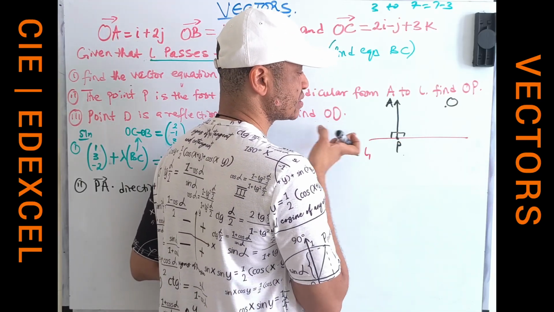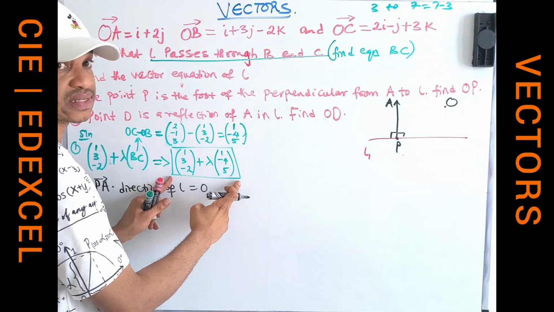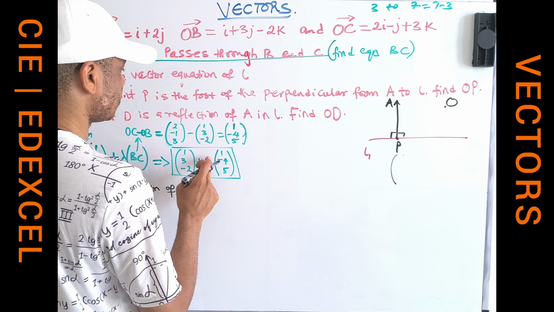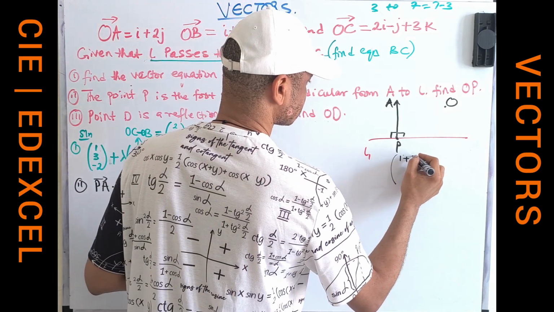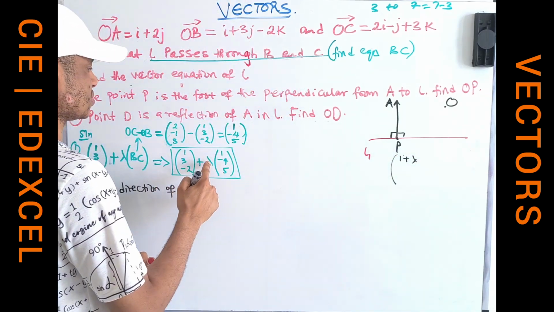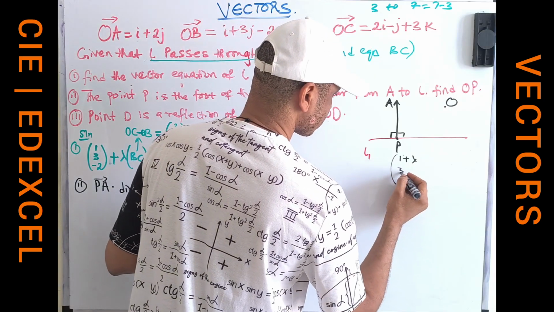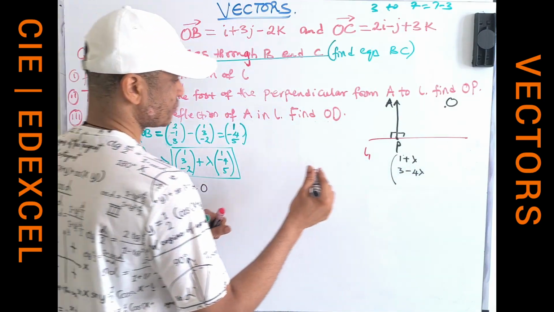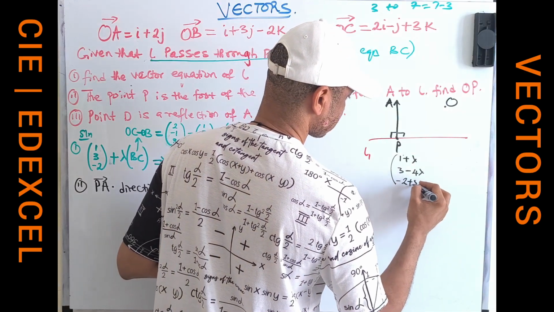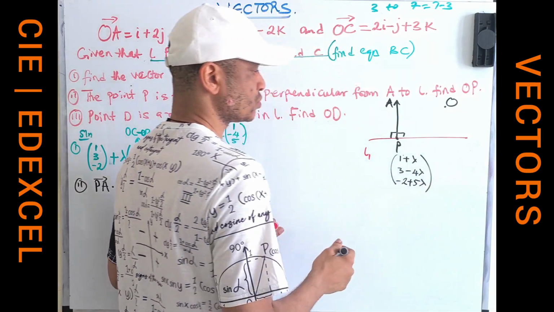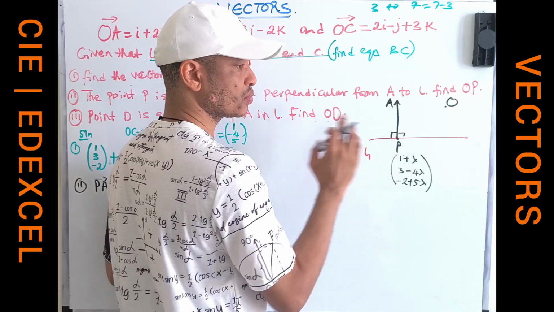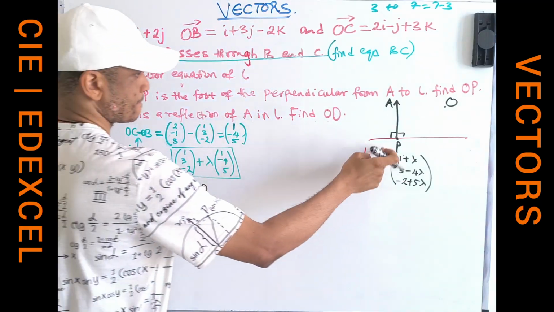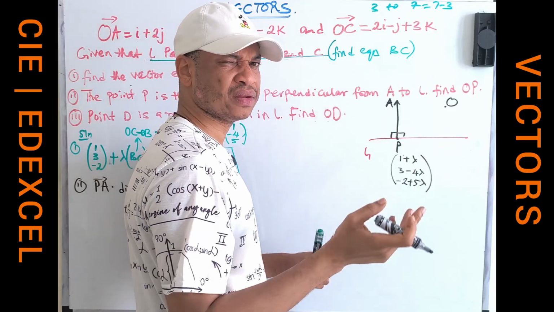So anywhere on L is this: 1 plus lambda, 3 minus 4 lambda, and minus 2 plus 5 lambda. So this is anywhere on L, but I'm looking at that point P. I need to find PA. So I need to find this.